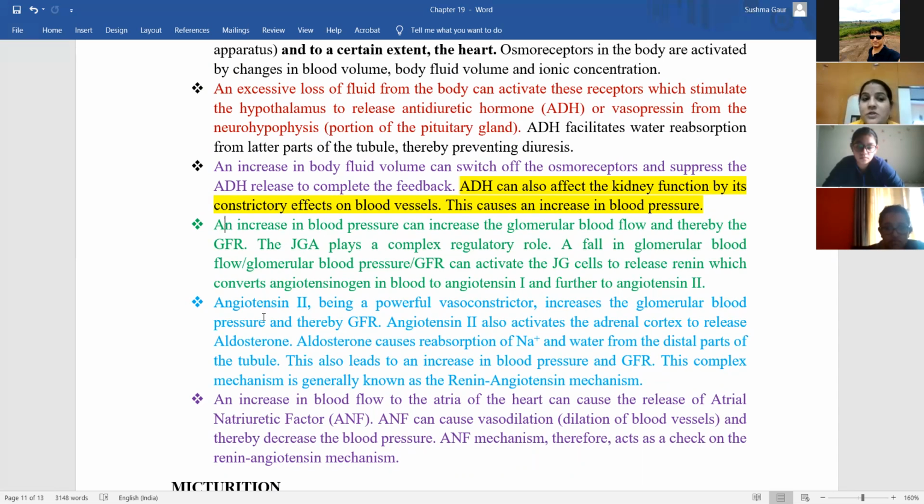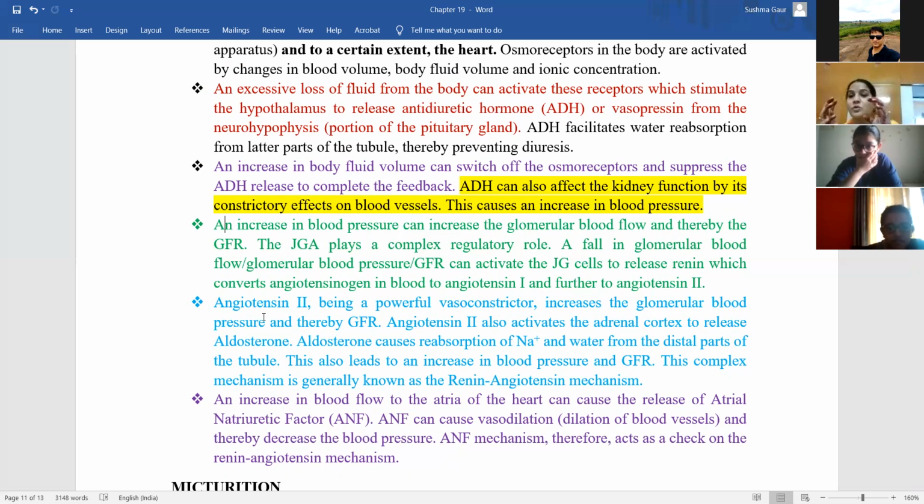How? Suppose there is an increase in the blood pressure, then what will happen? Blood pressure will be increased, so blood flow will be increased. The filtration in the glomerulus will also be increased, right? Because what happens in the glomerulus? Blood comes into the glomerulus of the nephron to be filtered, right? So if the blood pressure is increased, it means the quantity of blood is increased, its pressure is increased.